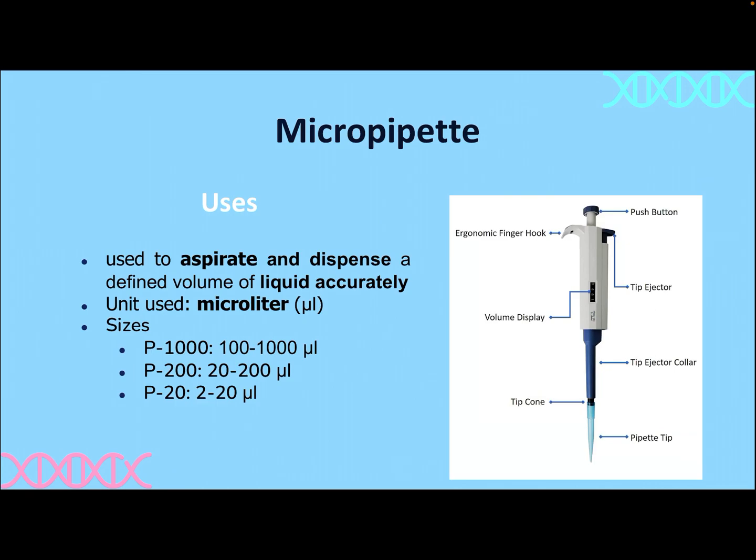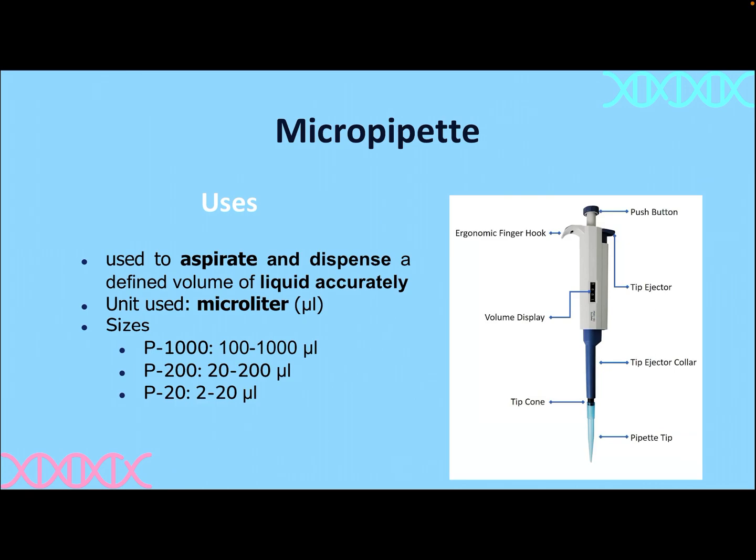Next is a micropipette. The primary use of a micropipette is to aspirate and dispense a defined volume of liquid accurately. The volume of liquid is measured in units of microliters. There are several sizes of micropipettes used.